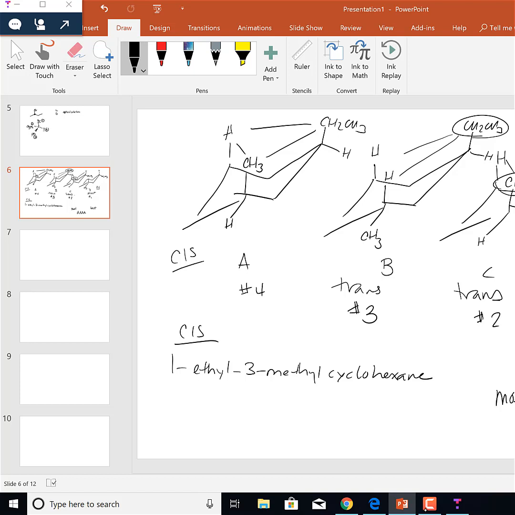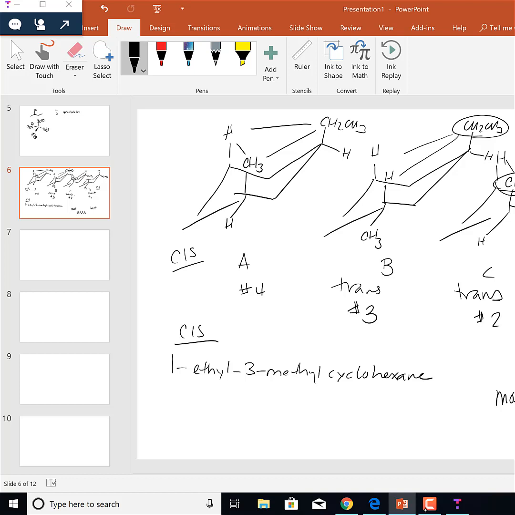So you want to write the molecule, and you still need to know your alkyl groups. I'll send you the actual thing. You can print it out and write on it.